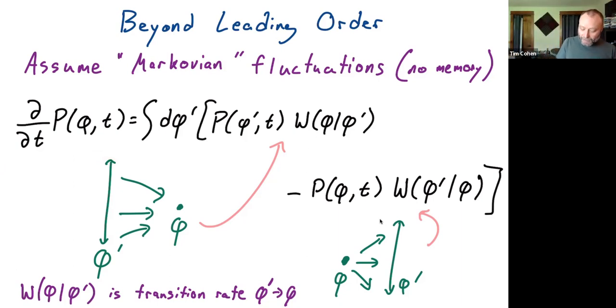It's basically given by the probability distribution at this time step, integrated over all possible ways the field can fluctuate to a given point, minus all the ways that the field from that point could go to all other points, okay? So as long as each individual time step is independent, this is the general way to capture the time evolution of the probability distribution.